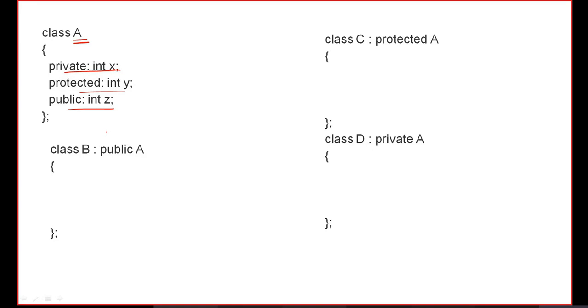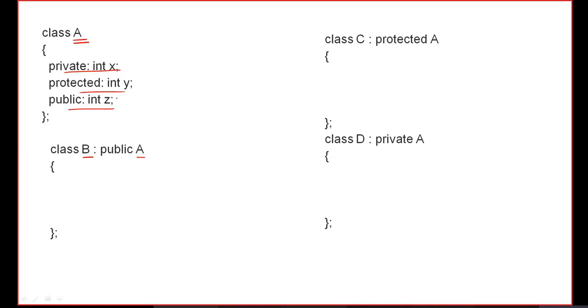And now I have derived a class B publicly from class A. Now tell me what should be accessible and what should not be accessible in class B. X will definitely not be accessible.